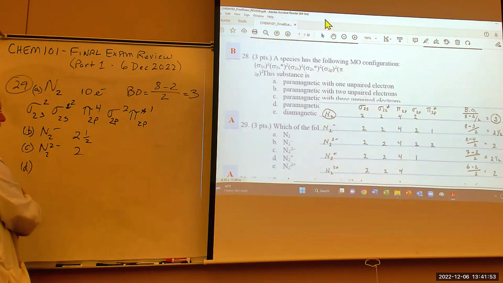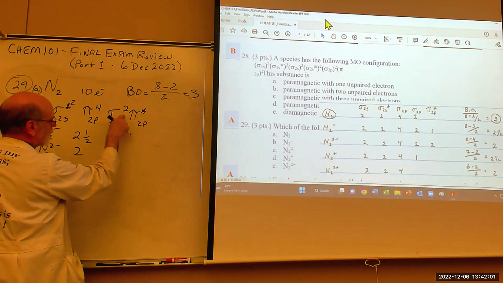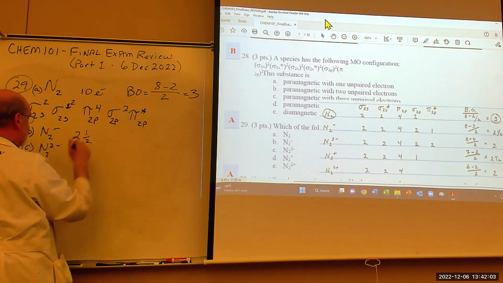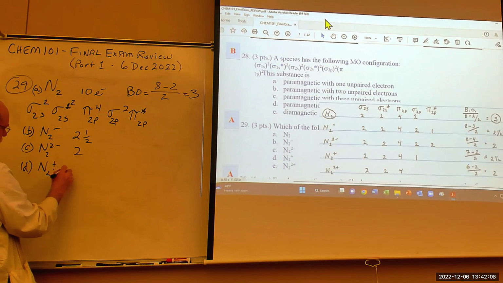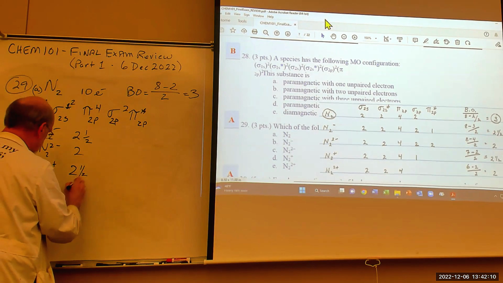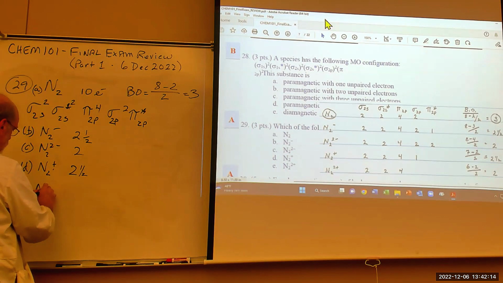How about D? D, we're actually subtracting an electron. So if we subtract an electron, it has to come off of a bonding orbital, which decreases that value again to 2.5. And then E, we're going to take away 2 electrons.